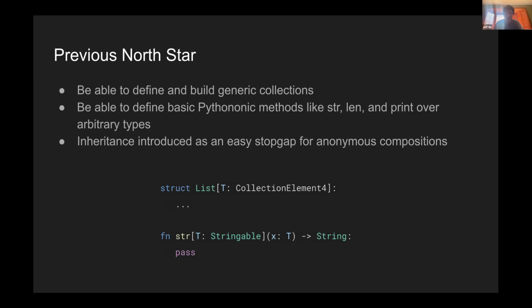We also wanted to be able to define basic Pythonic methods like str, len, and print over arbitrary types. Previously, they were hard-coded to only work on very specific standard library types, or you had to write the dunder line out yourself. And inheritance was introduced really as an easy stopgap for the language not having anonymous compositions.